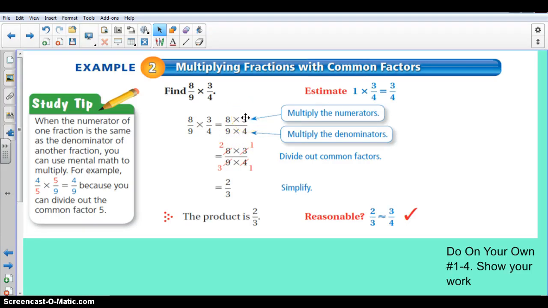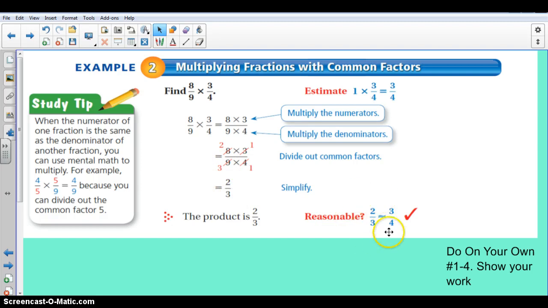And separately between the 3 and the 9. If you look down here, you will notice that they chose the number 4. 4 goes into 4 once. 4 goes into 8 twice. Again here, 3 goes into 3 once. 3 goes into 9 3 times. Now we have different numbers. Now we actually have 2 times 1 and 3 times 1. Once we simplify that, you get 2/3.